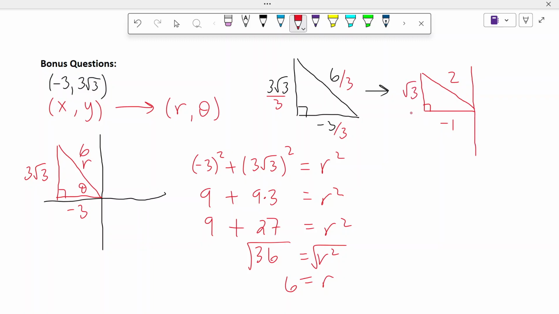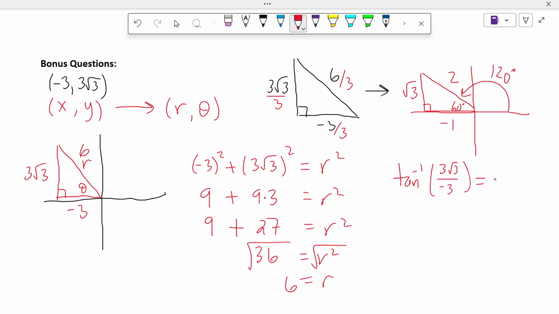In fact, let me draw the axes here, because we're still in quadrant 2, and that's important when you're dealing with angles. This is a 60-degree reference angle, which means it's actually 120 degrees to get me into quadrant 2. If we just did the tangent inverse of the opposite over the adjacent, guess what you'd get?